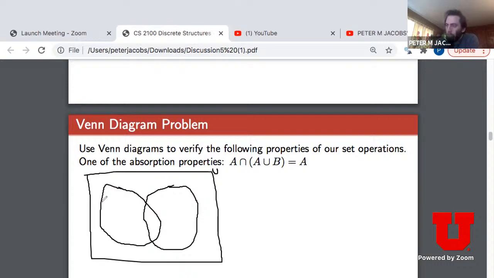Yep, that's right. A union B. What that means is that an element is in A union B if and only if that element is in A or it is in B. So A union B is all of the circles, all of the shaded region. That represents being in A or in B.